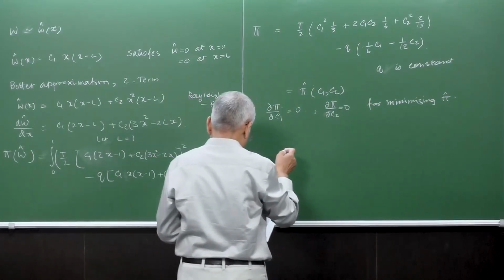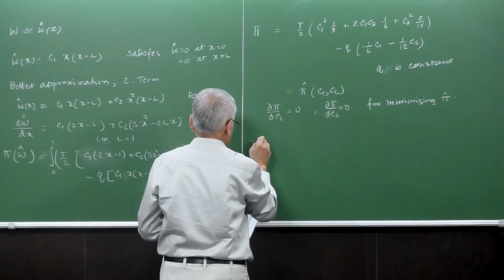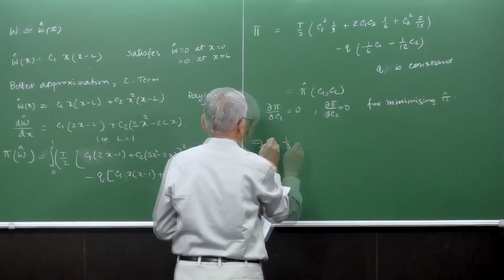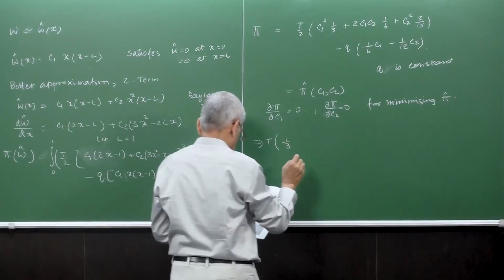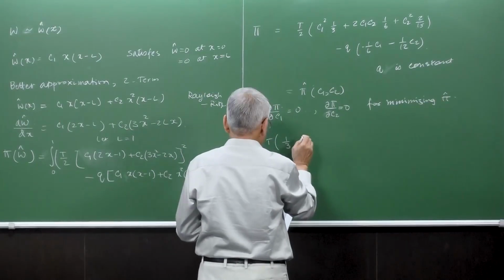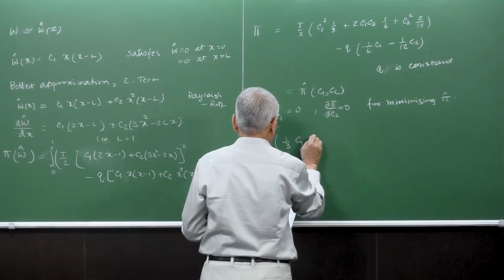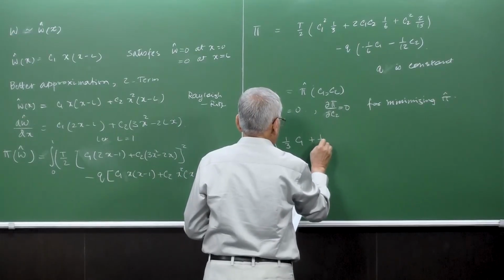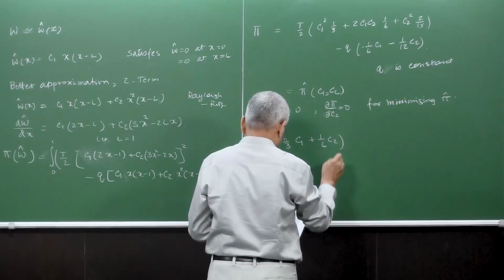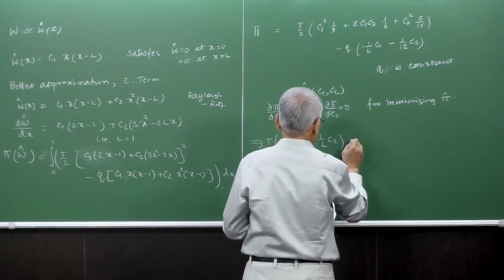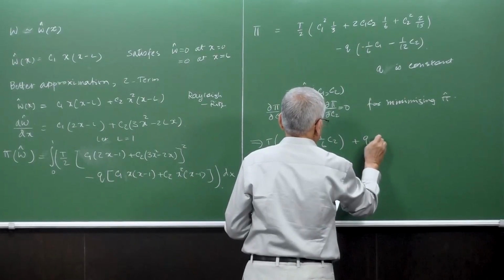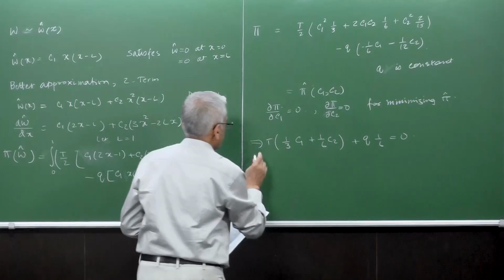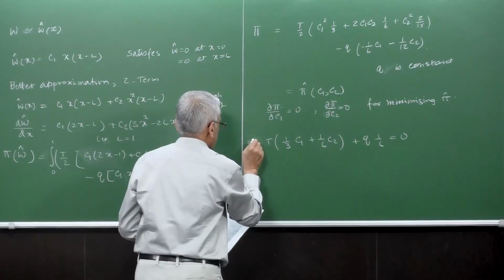So what we have here is that the first equation is E multiplied by 1 by 3 C1, 1 by 6 C2, plus Q into 1 by 6 is 0. This is the first equation.